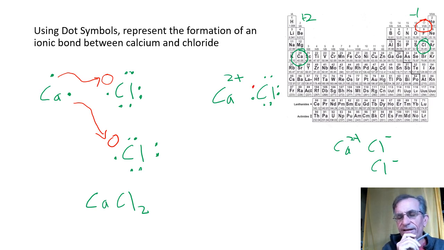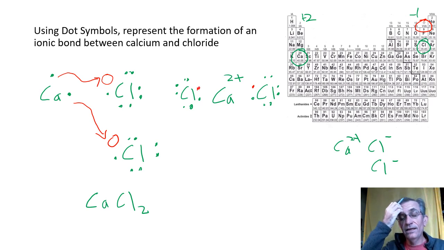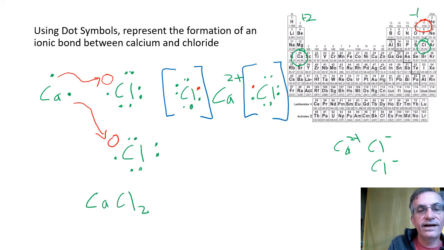That's the extra electron it grabbed from calcium. But actually, you're going to have 2 chlorides, aren't you? Because you need room for both of those electrons. Like that. So again, this would be a representation of how these atoms are getting together. And the chloride would be -1, wouldn't it? I guess we'd write that outside the bracket. So that would be one way of showing how these electrons have moved around to form an ionic compound.